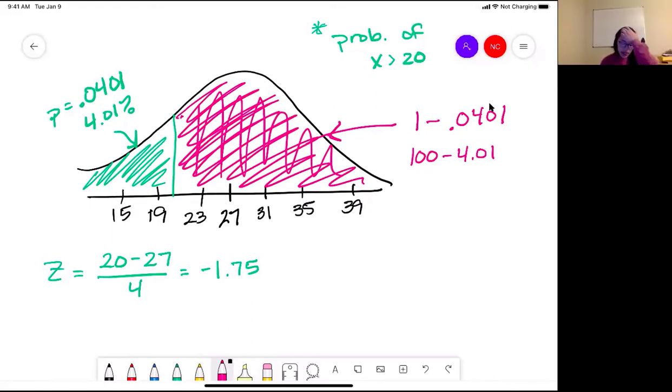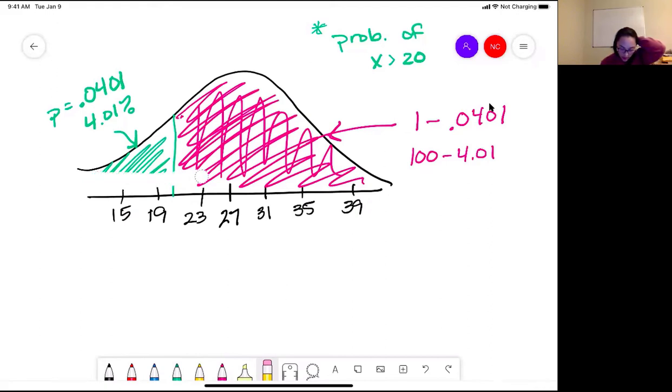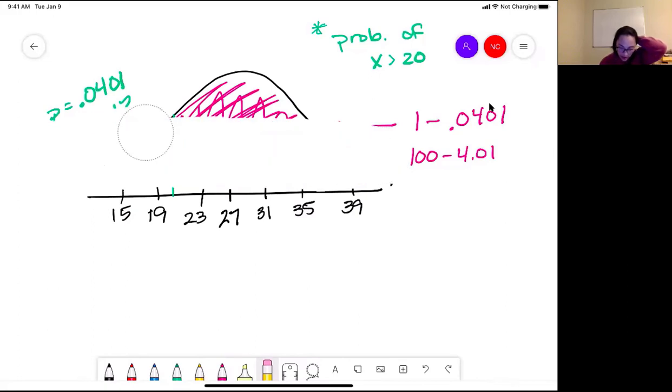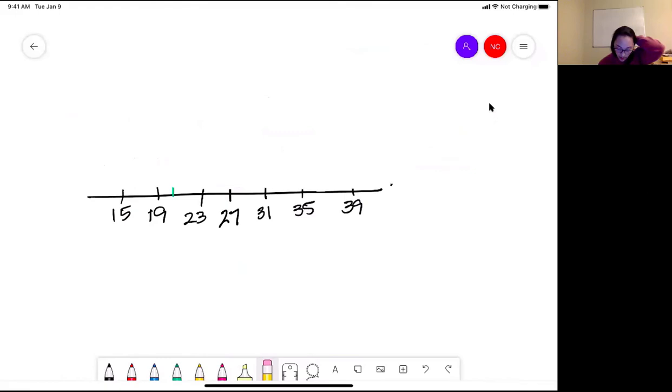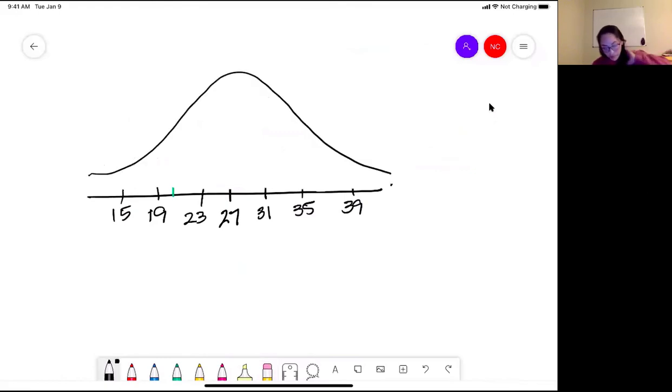So let me give you an additional scenario. I'm going to try to make this as clean as possible without having to redraw a whole bunch of stuff. All right.